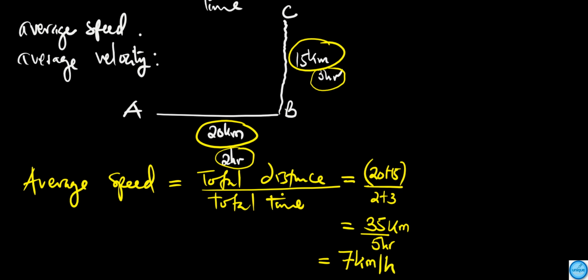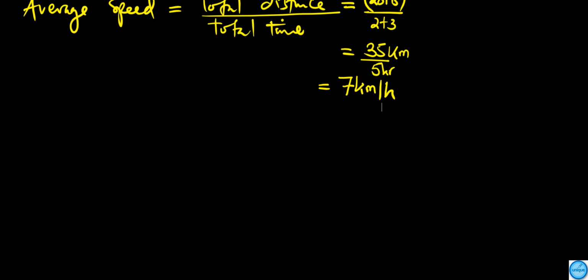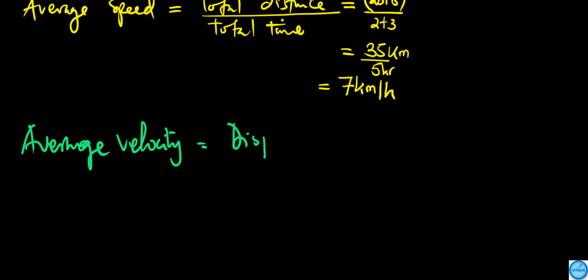So that is how we found the average speed. Whereas if you want to find the average velocity, from the definition, it is the rate of change of distance in a particular direction, or displacement over time taken.